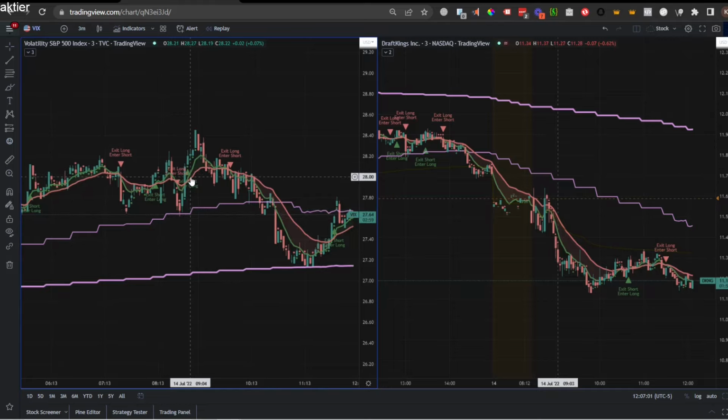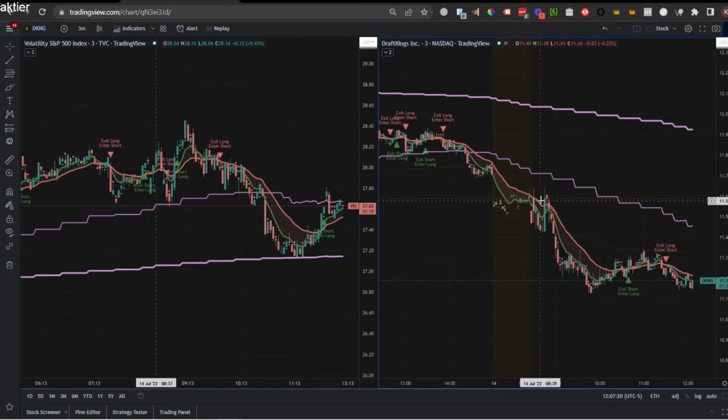So the increase of volatility will indicate that the market will go down, so you will look for short trades, and the decrease of the volatility would indicate that the market with a good chance will go up.